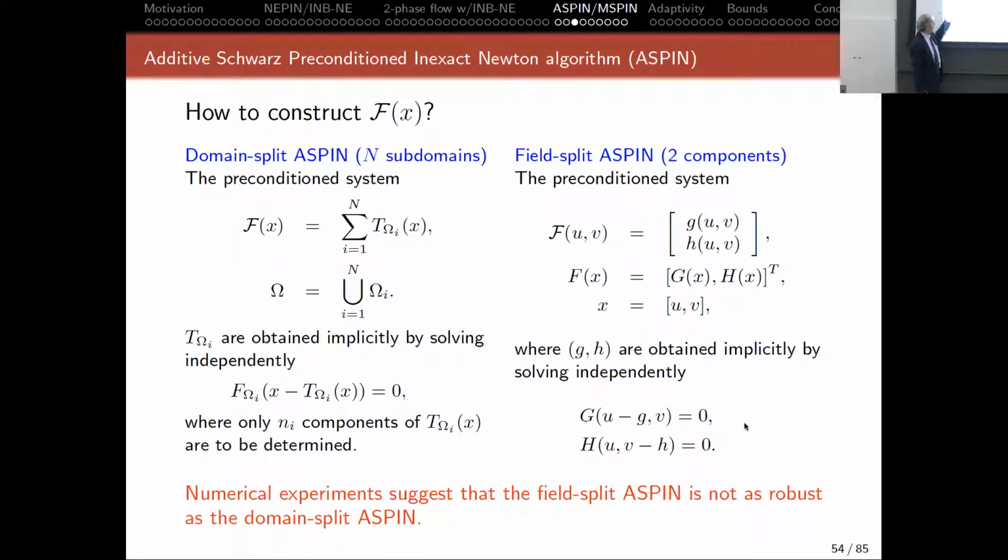Having done the bad-good ritual earlier, the generalization, which really is, the order of invention was reversed, but it should be easy to follow what you're doing in the additive Schwarz version. We find a correction on each subdomain. The subdomains may overlap or they may be non-overlapping.